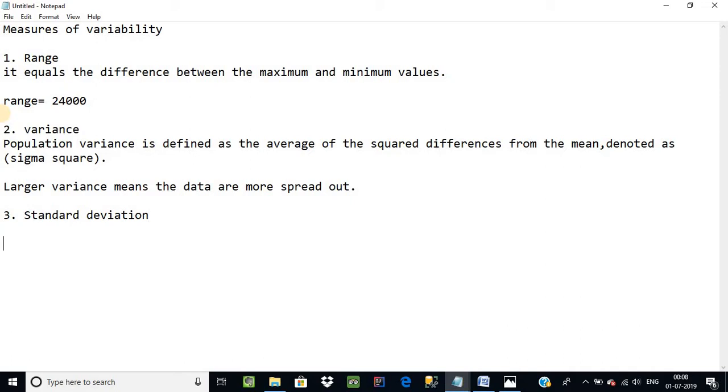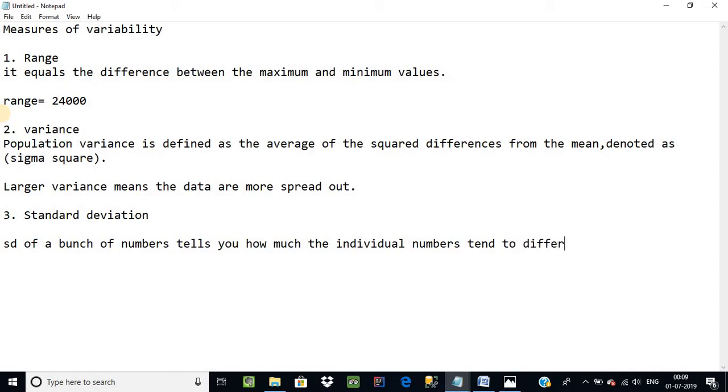The standard deviation, which is also denoted by SD, of a bunch of numbers tells you how much the individual numbers tend to differ from the mean. That's what standard deviation tells you.